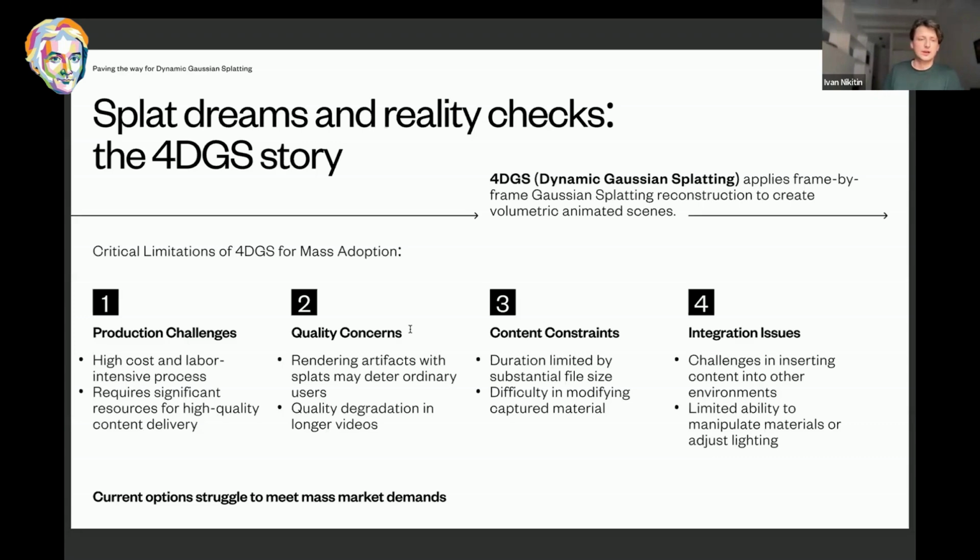We need a lot of compute resources to process the results. There are still some rendering artifacts that can happen, especially under varied lighting conditions. And there are a lot of issues if we're capturing several people, with people overlapping each other, and what do we do with the gaps that are being created?